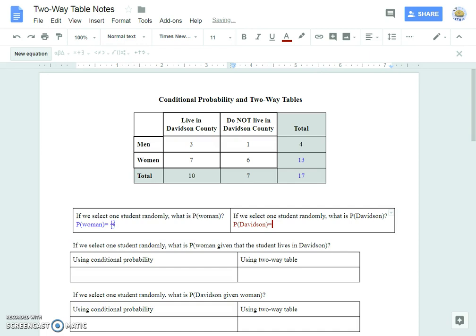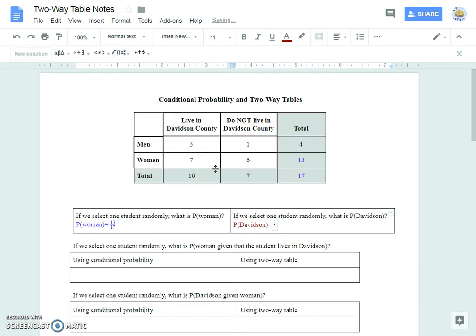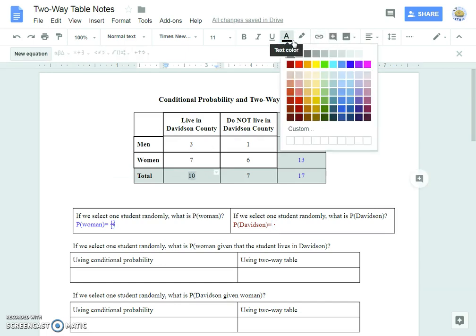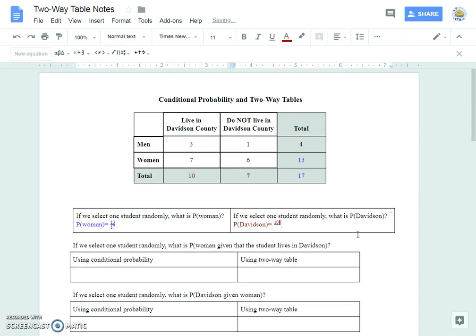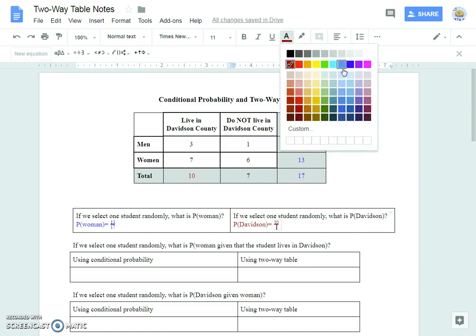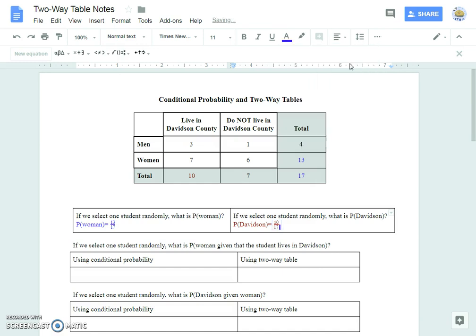So this is going to be, so we live in Davidson County, we have 10 here out of our total. Again, our total here is 17. So that's our probability.